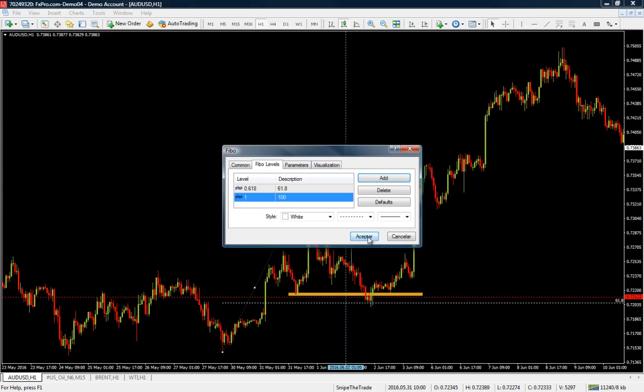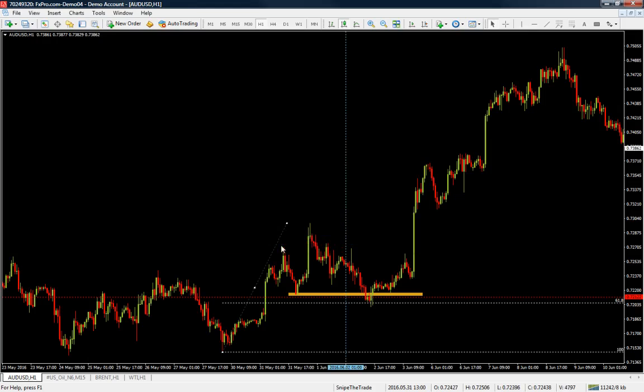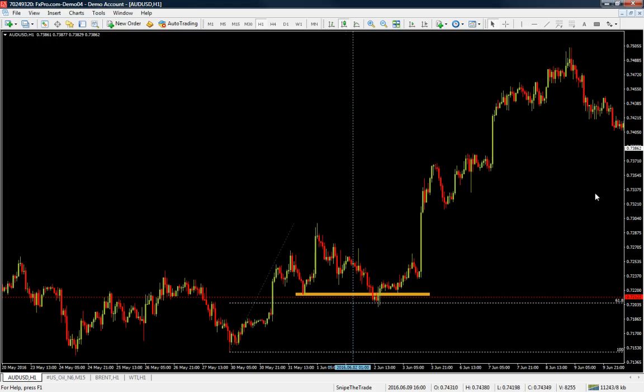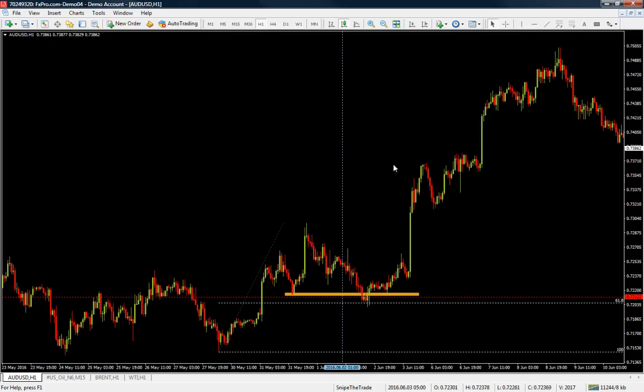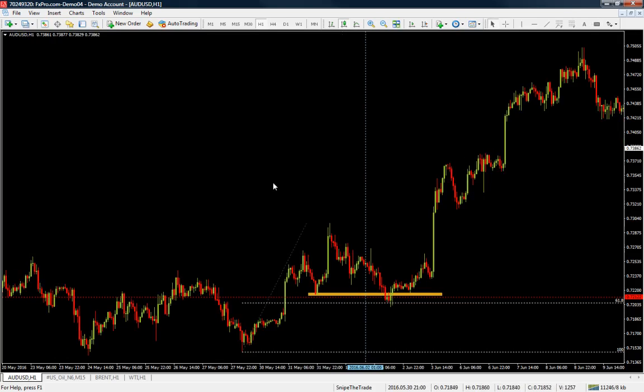Now, where are our stops going to go? If we are using Fibonacci retracement levels, this means that we want our stops to be inside of a Fibonacci retracement level system. This means that you are not going to put your stops just below the 61.8. Why? Because that, my friends, is a very simple-minded way of trading.